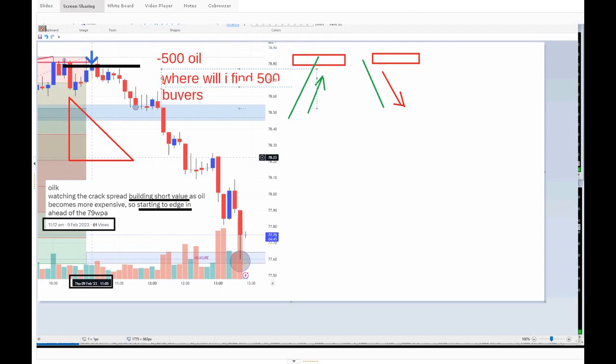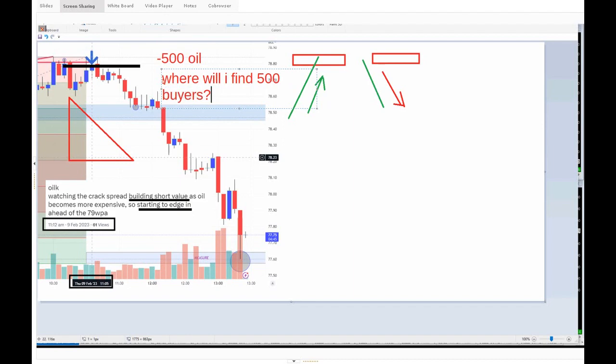That's a question right there, isn't it? If I've got to sell 500 oil contracts, where am I going to find 500 buyers at a top edge? Where am I going to find 500 contracts?